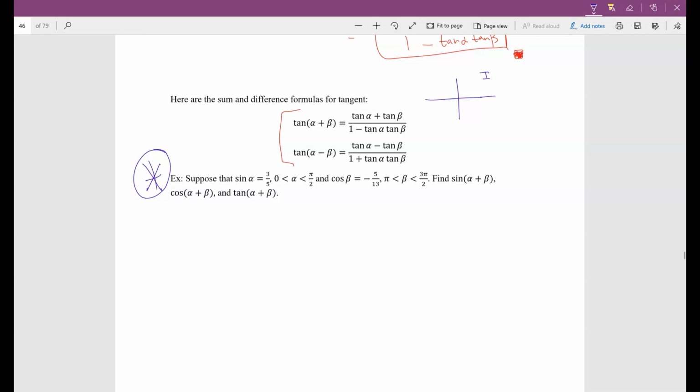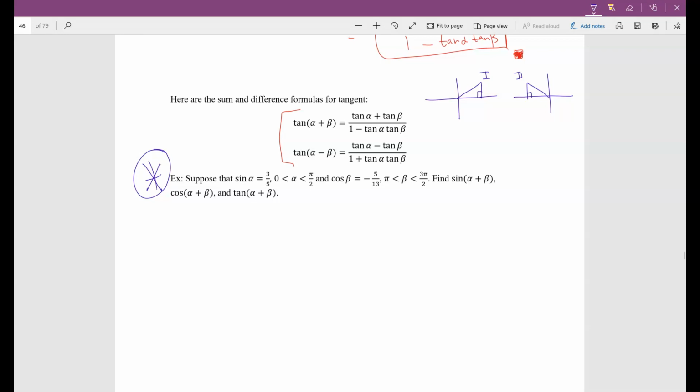We can draw the triangle as so. You can draw a triangle with whatever angle it is. That's how the right triangle will be. It's always going to be hugging the x-axis. If your triangle is in quadrant 2, your triangle is going to look something like this.